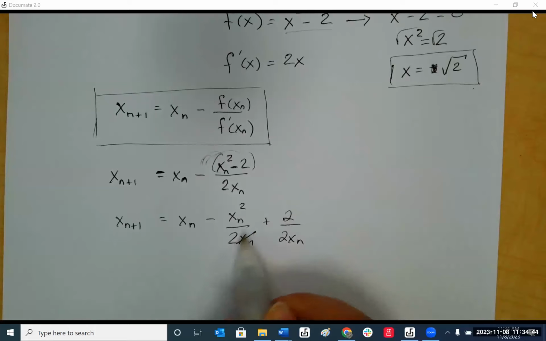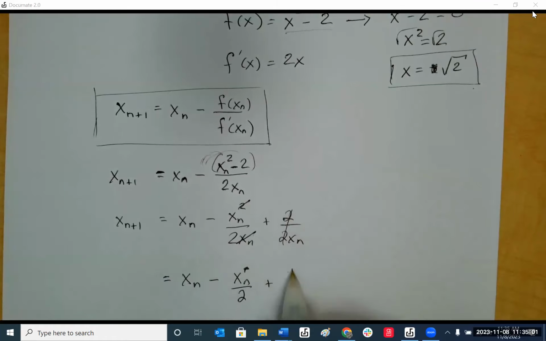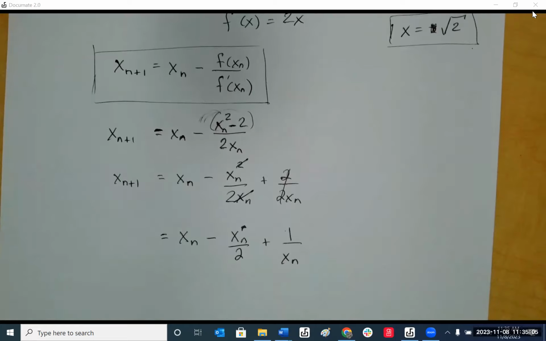This xn cancels with one of those. We have xn over 2 plus 1 over xn. Can we go any further?